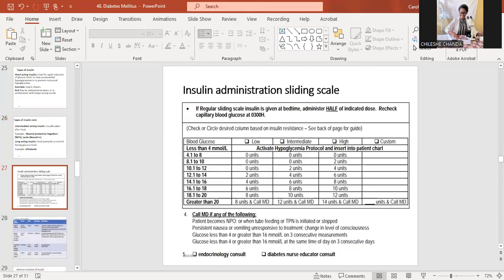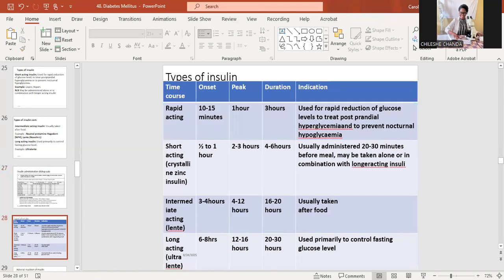Now, this is an example of an insulin sliding scale. Sliding scales are not the same for every patient. The insulin sliding scale is supposed to be according to the blood sugar levels of a particular patient. Therefore, it is not supposed to be given to every patient.